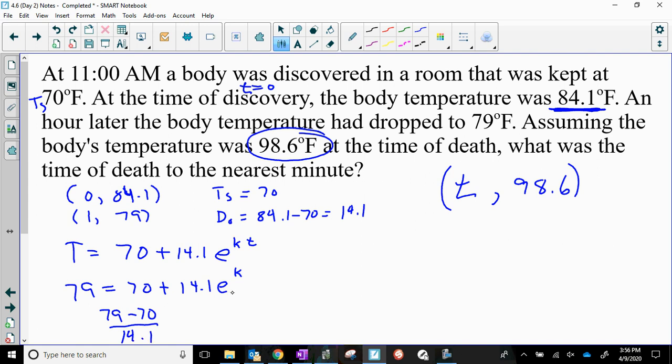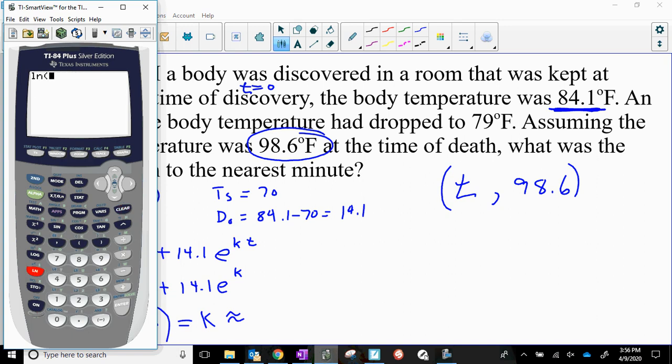Then we're going to undo the exponential function. We're going to use a logarithm. And there's nothing times k because it's just 1. We could divide by 1, but we don't have to. We got our k. Let me go ahead and put this in the calculator.